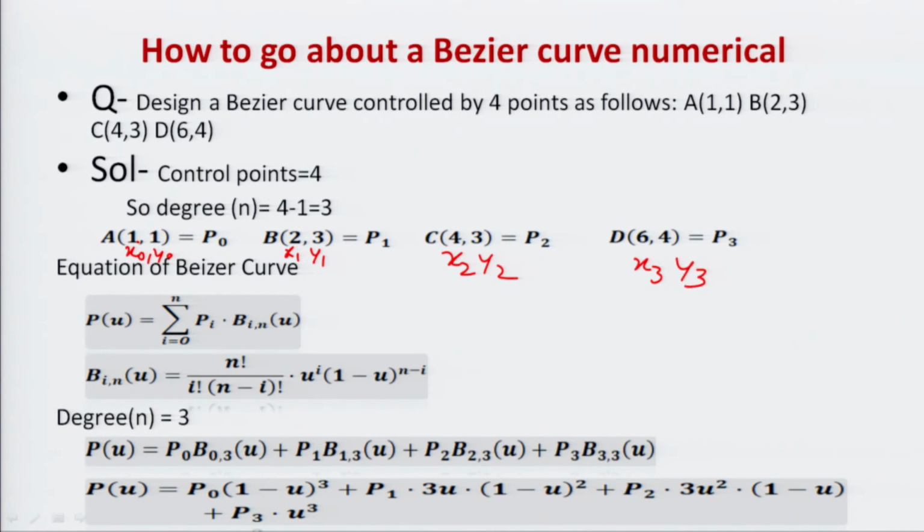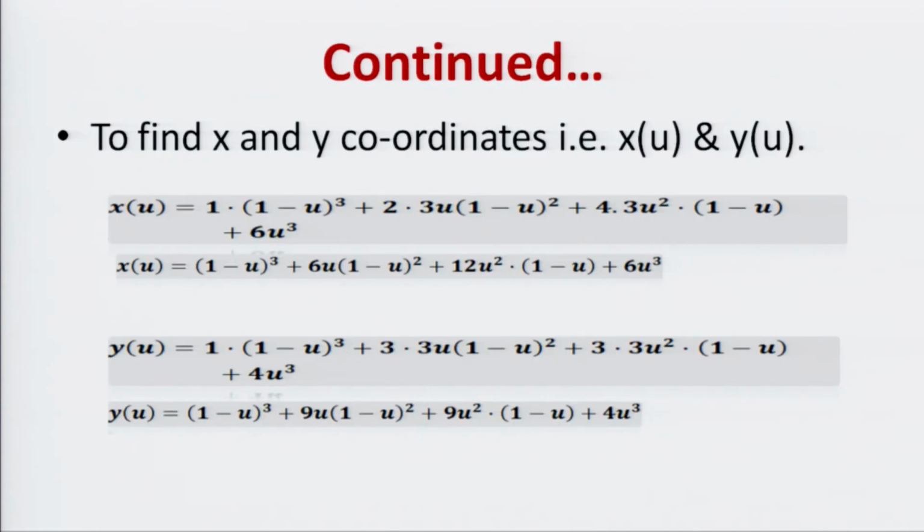So now we substitute the values of x0, x1, x2, x3 in the x coordinate equation. The values are 1, 2, 4, 6 respectively. So we will be substituting 1, 2, 4 and 6 in the place of Px0, Px1, Px2 and Px3. So we get 1 minus u cube, 2 into 3, that is 6u(1 minus u) whole square, 4 into 3, that is 12u square(1 minus u), then we have 6u cube.